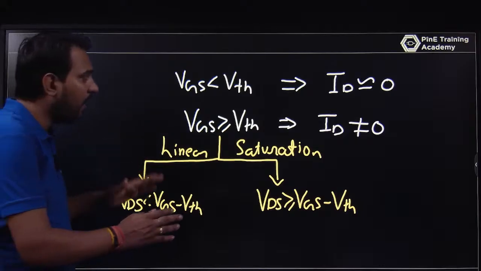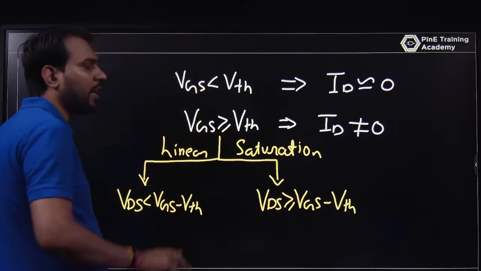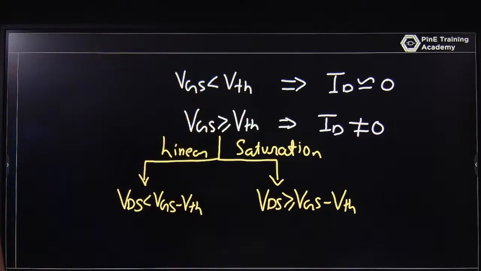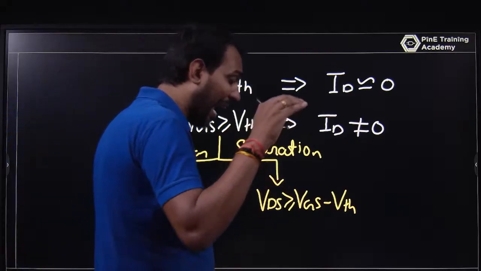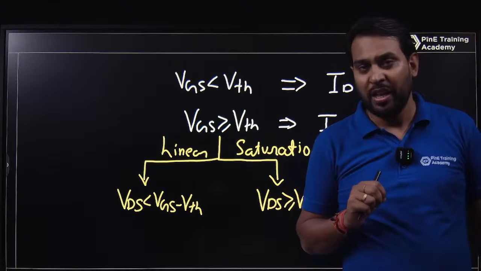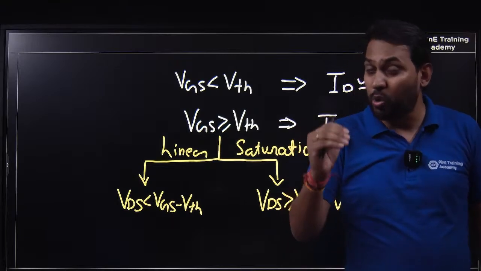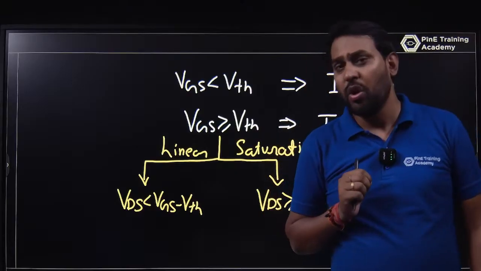Think of it this way, this is an NMOS equation. If VGS is less than VTH, then the drain current is 0. And if the gate to source voltage is greater than or equal to VTH, it means you are providing enough gate to source voltage to form a good inversion layer. Or you can say that the majority charge concentration of the body is equal to the minority charge concentration below the surface.